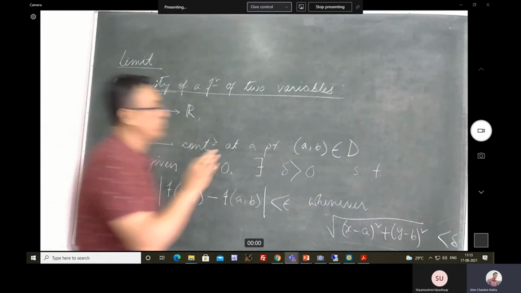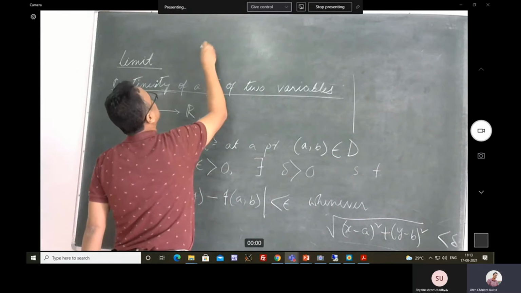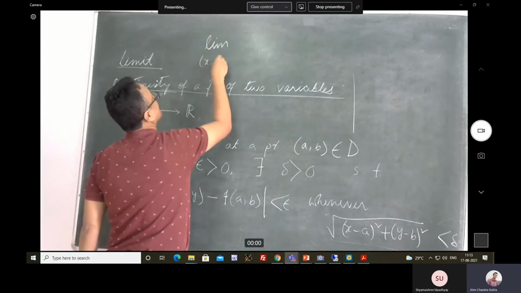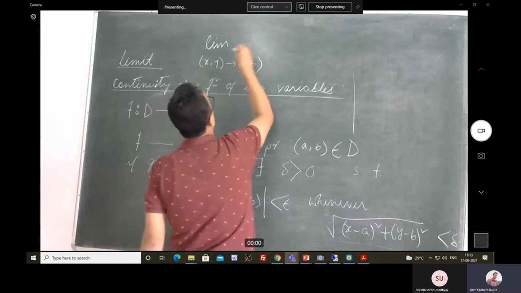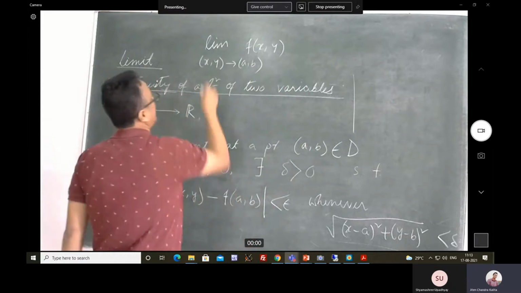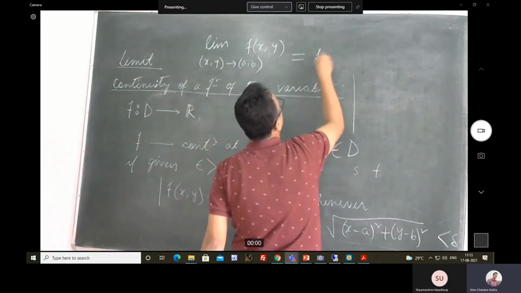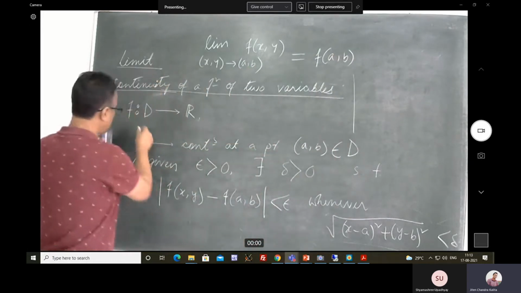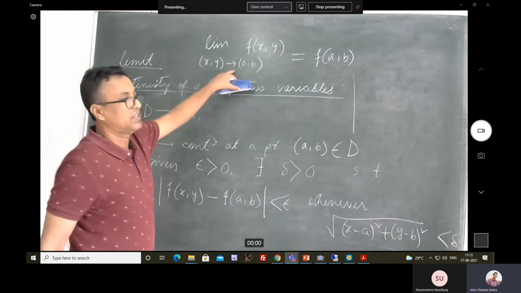So basically, for continuity, you must have the limit of f(x,y) as (x,y) tends to (a,b) equal to f(a,b). Rather than starting from here, which is a bit difficult, let us start with this definition.